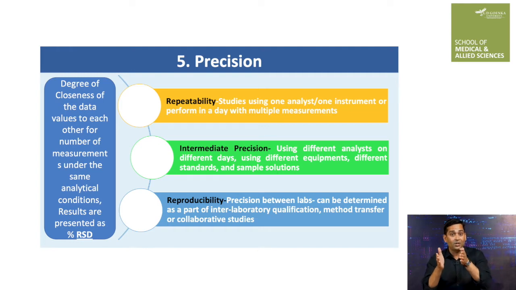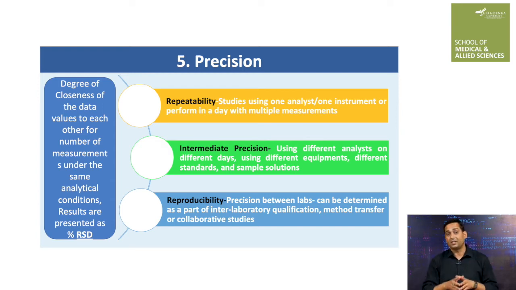Precision can be of three types. First is repeatability. Here, closeness of results of multiple measurements is observed when studies are performed in a single day using one analyst on one instrument only.